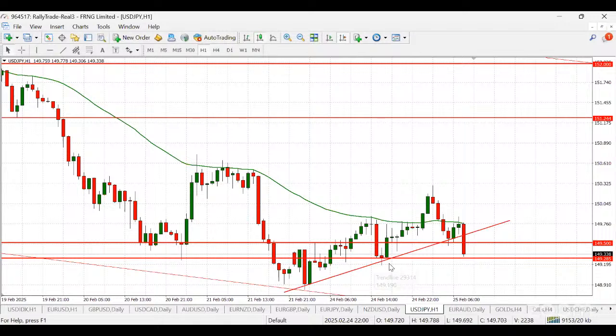This is for USD JPY, and this is on the 1 hour time frame. Now, on the 1 hour time frame, we have this low, we got this high, higher low, higher high. This is a bullish pattern. And now we currently have this retracement that is now back at the previous higher low level.